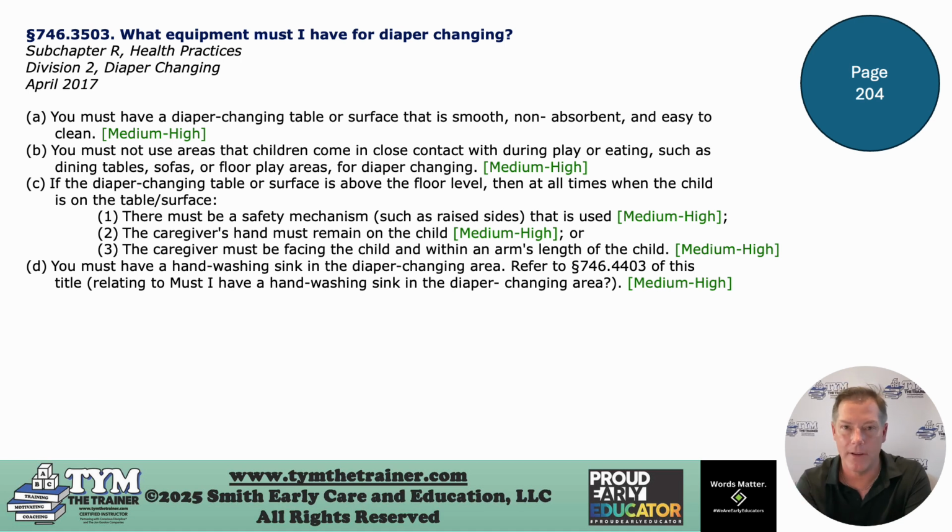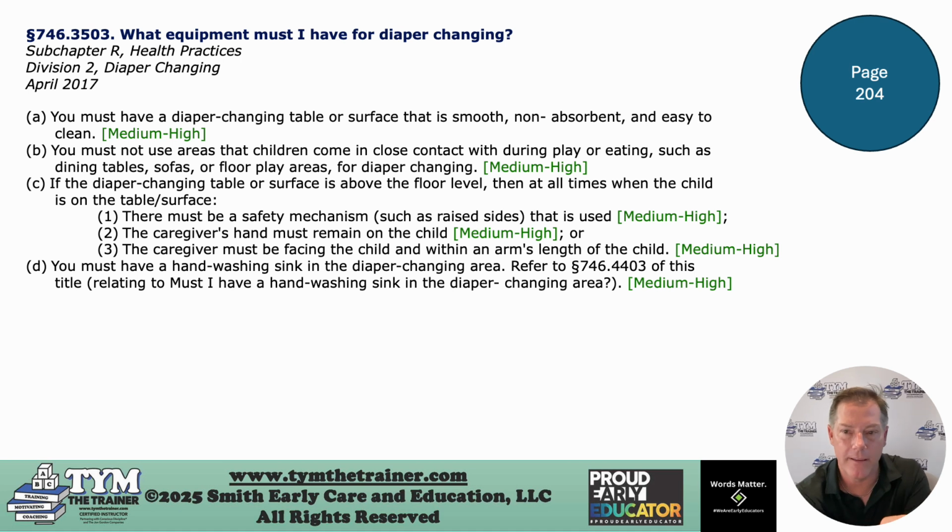If you do have a diaper changing table that is above floor level, then there must be a safety mechanism in place and used. The caregiver's hand must remain on the child, or the caregiver must be facing the child and be within an arm's length of the child.